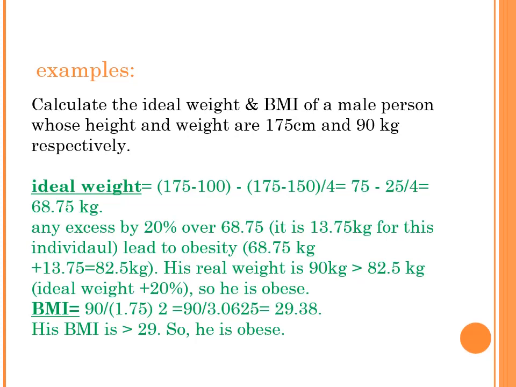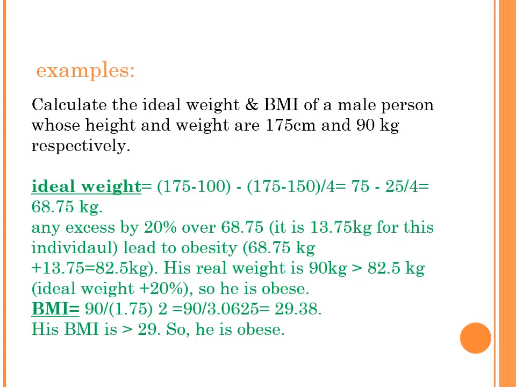The ideal weight here is 175 minus 100, minus his height, which is 175, minus 150 divided by 4, which is equal to 75 minus 25 over 4. The answer is 68.75 kilograms.